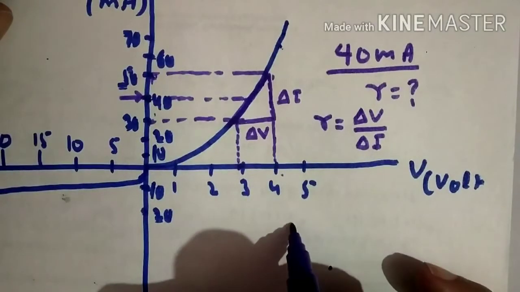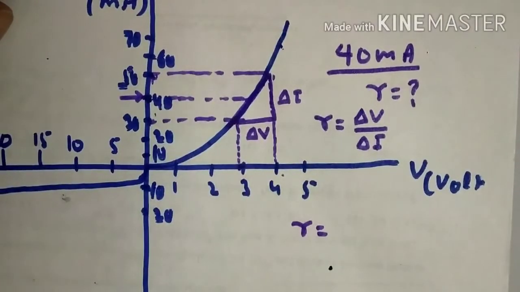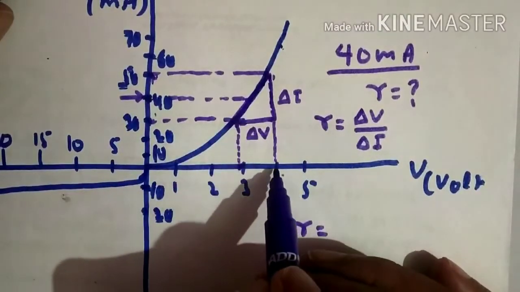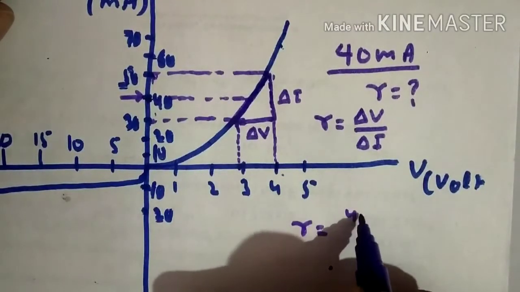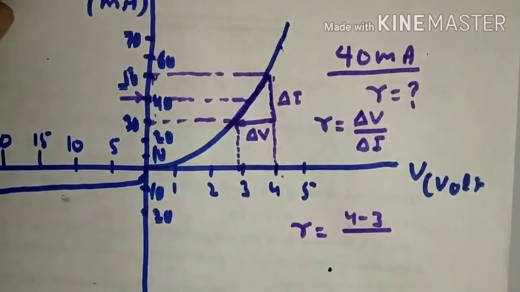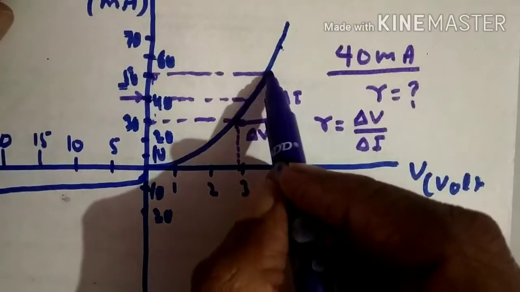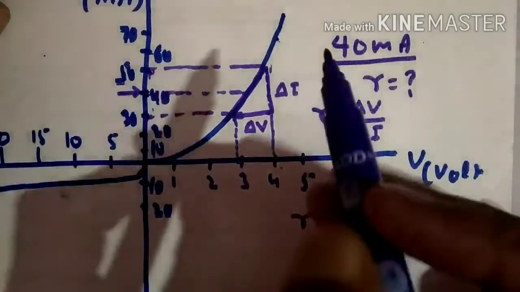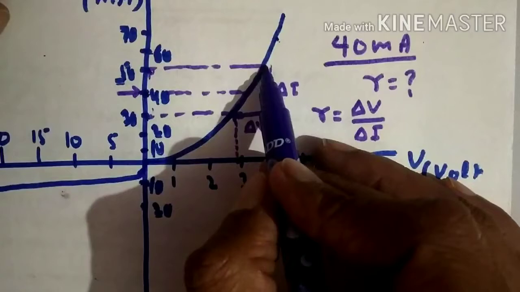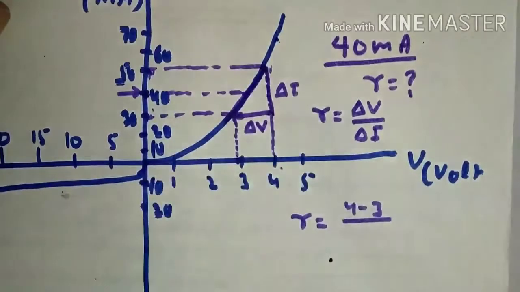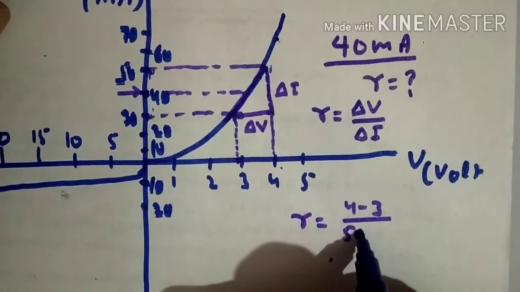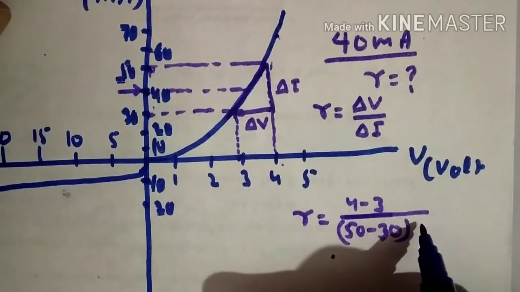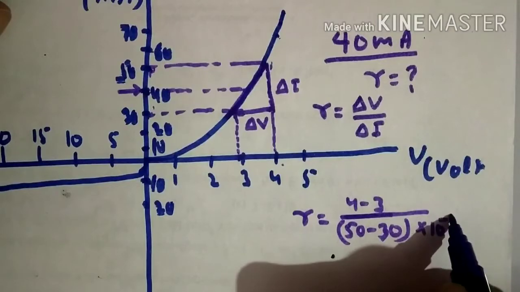So the dynamic resistance in forward biasing will be delta V by delta I, and the value of delta V is 4 minus 3 volt, and delta I is 50 milliampere minus 30 milliampere, so 50 minus 30, and they are in milliampere, so we should convert into ampere.